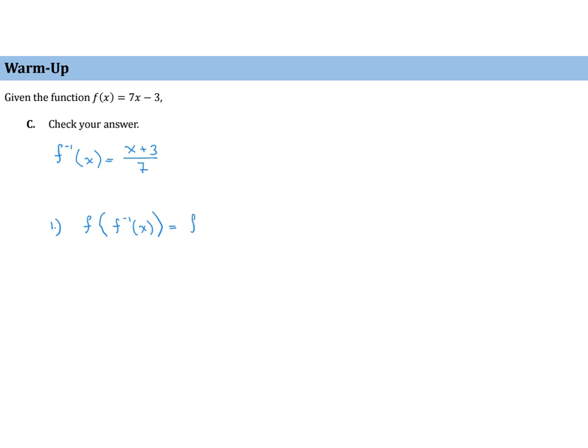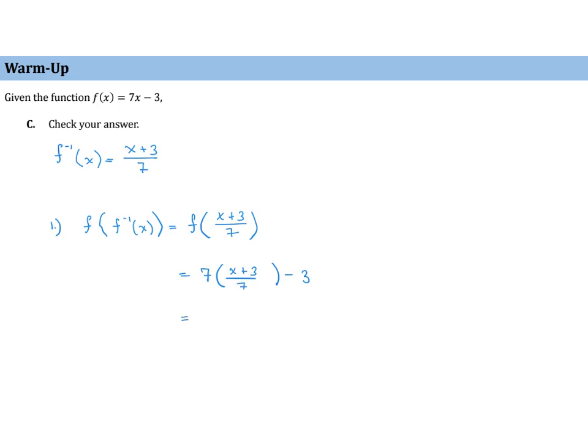So this means that we're going to put into f inverse, so x plus 3 all over 7. Now what does f say to do to that? F says I'm going to multiply the input by 7 and then subtract 3. So we'll multiply the input by 7 and then subtract 3. But the input is x plus 3 over 7.